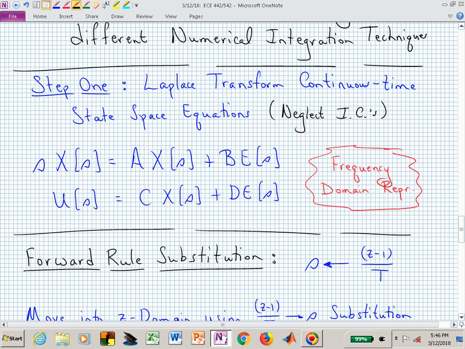And now what I want to do is replace that s with z minus 1 over capital T. T is just a number, a constant, z is a complex frequency variable, and 1 is a scalar.